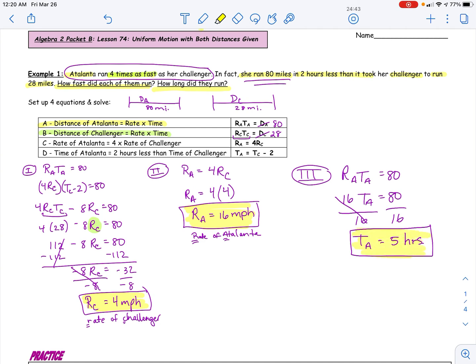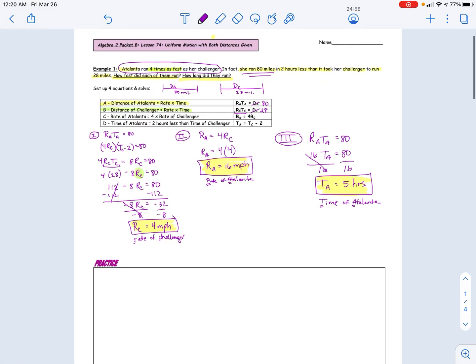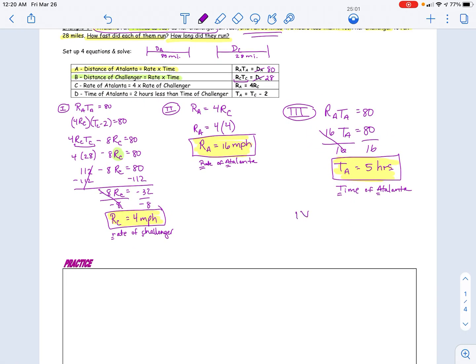So now we have figured out the third part of the problem, which was the time. Underneath here, let's write the time of Atalanta, T sub A. And the last part is going to be right underneath here, Roman numeral 4.